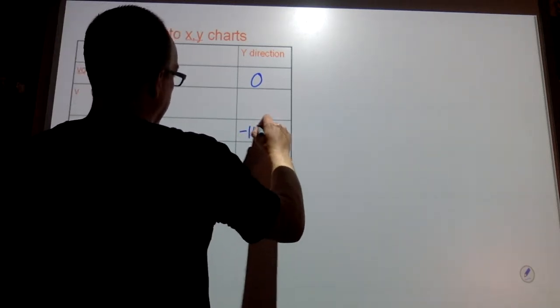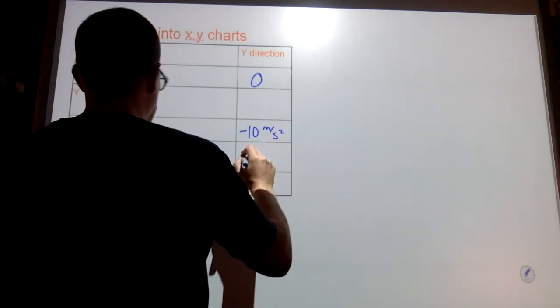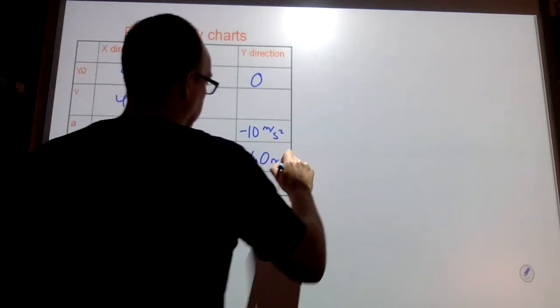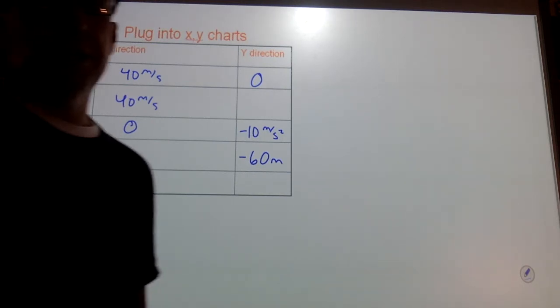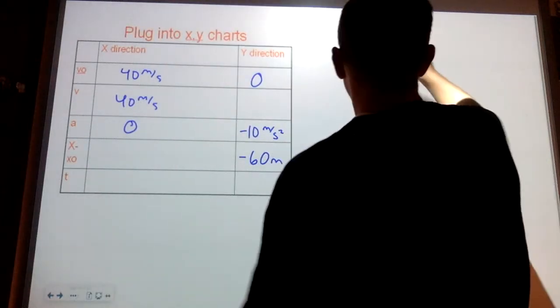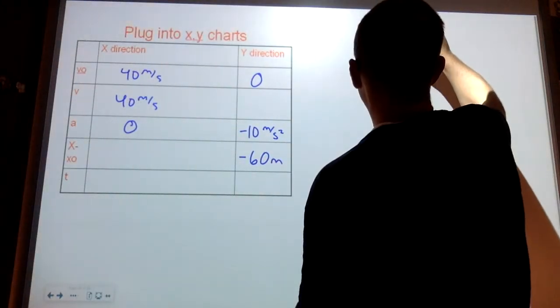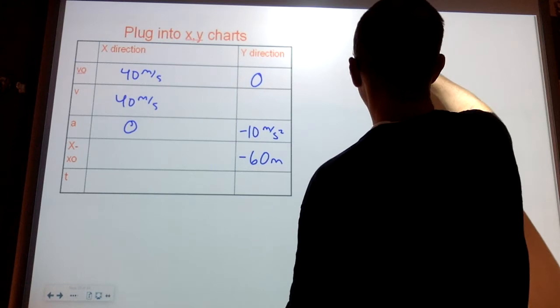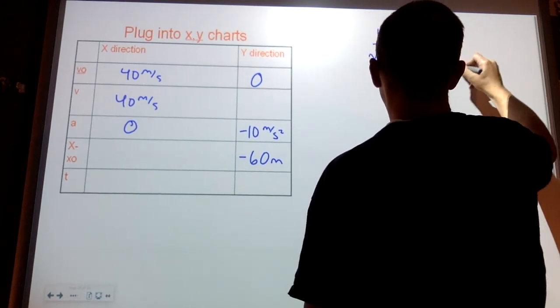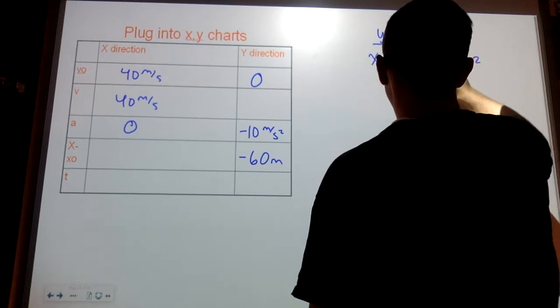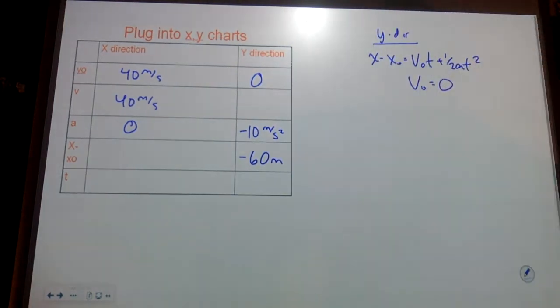My acceleration is -10, and the displacement in the y direction is -60. Again, I'm going to use the y direction to solve for my time. And that part cancels out.